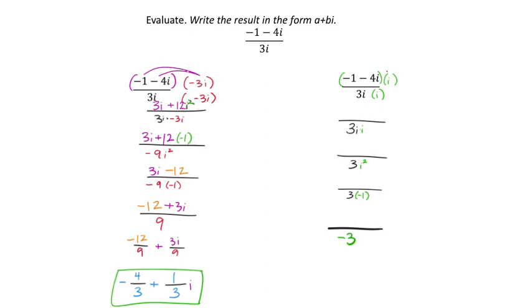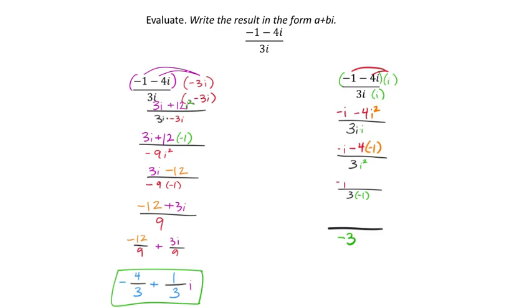Well, in the numerator, I've got i times -1, which would be -i, or -1i if you want. But then I'd have -4 times -4i times i, which would be -4i squared. And so then I've got -i minus 4, but again, we've got that i squared business going on, which is -1.